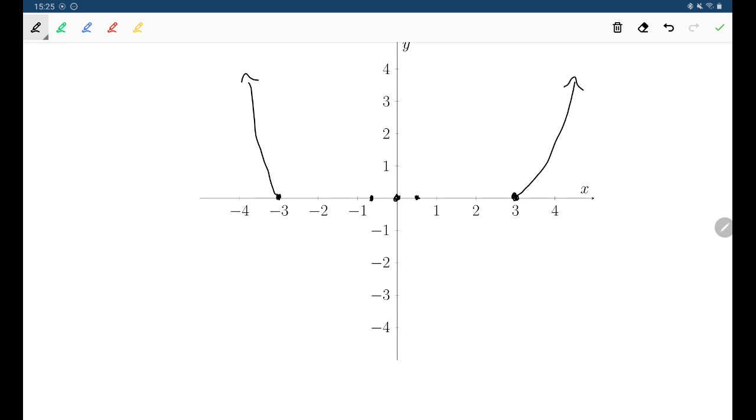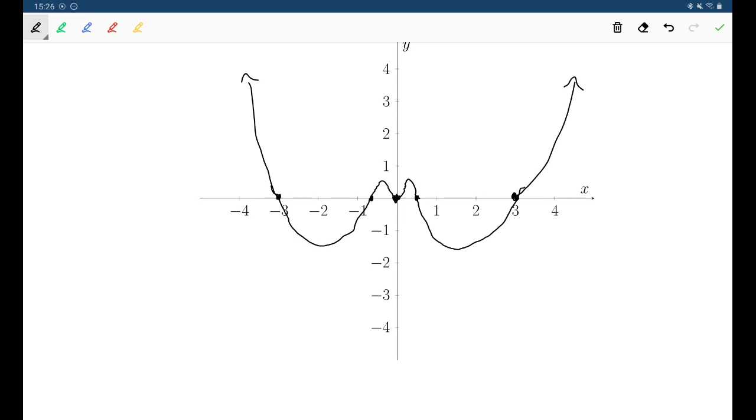We know that at all of our x-intercepts, except for the origin, we cross. The origin is the only one where we touch. So at -3 we cross, at -1/2 we cross, at 0 I touch, at 1/2 I cross, and at 3 I cross again.